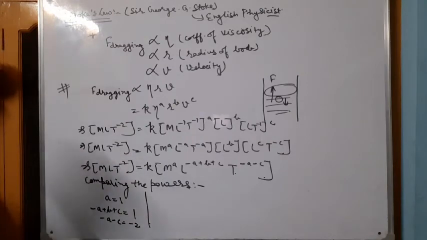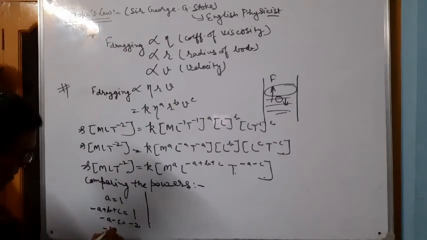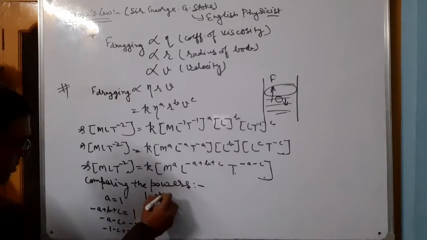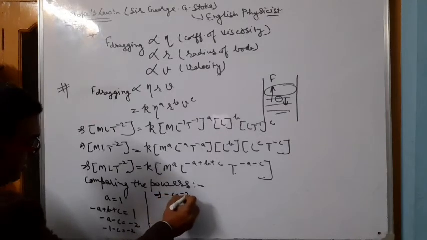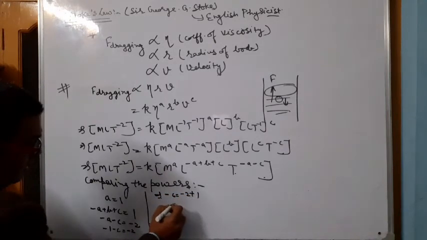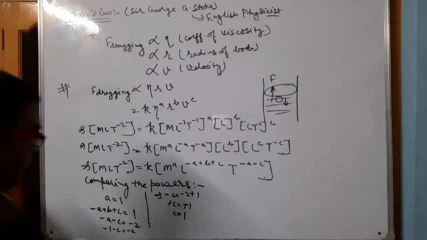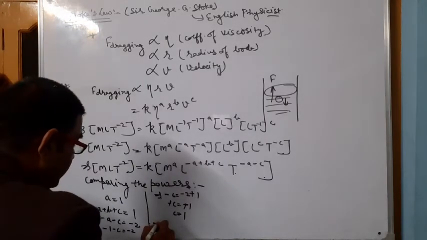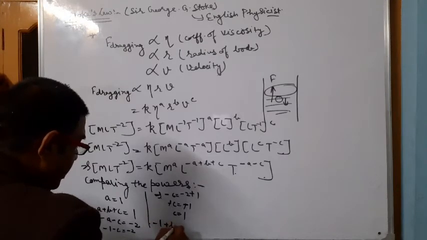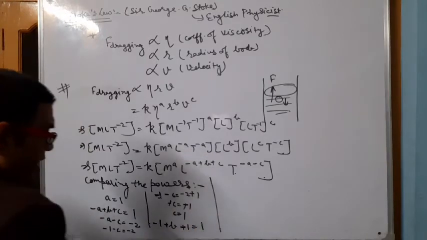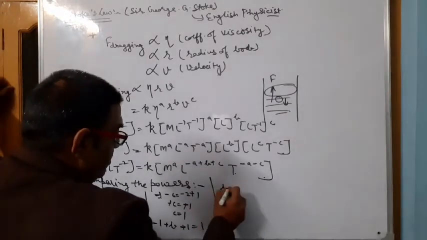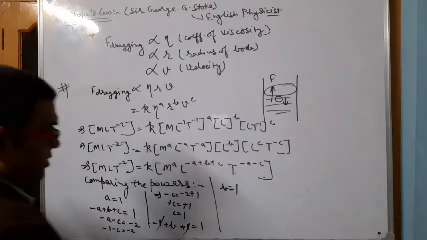From here we get minus 1 minus c is equal to minus 2, so minus c is equal to minus 2 plus 1, or minus c is equal to minus 1, or c is equal to 1. So a is equal to 1, c is equal to 1, and then minus 1 plus b plus 1 is equal to 1. These two cancel out and b is equal to 1.